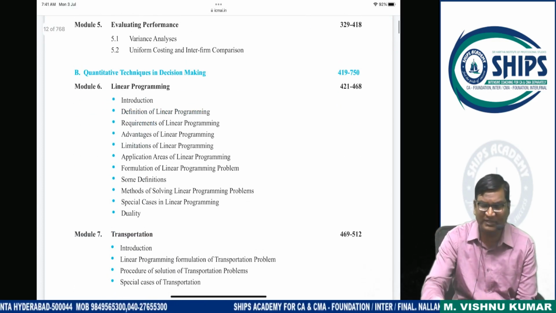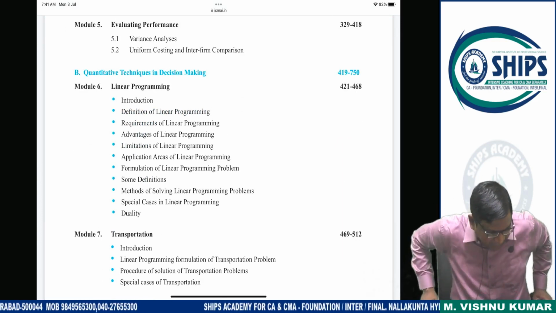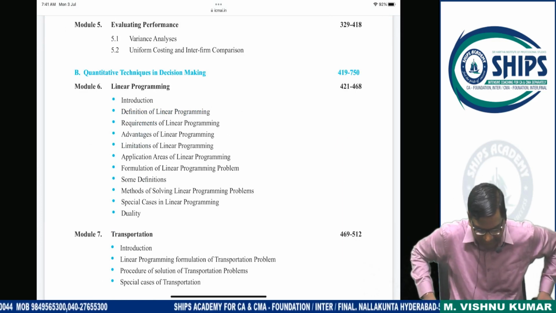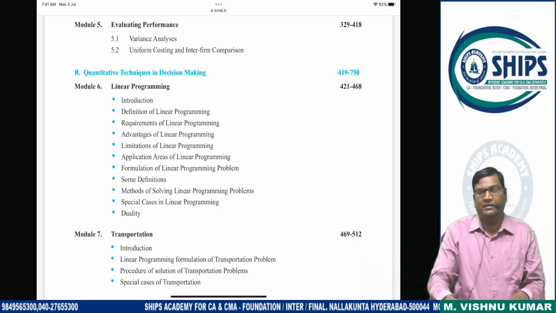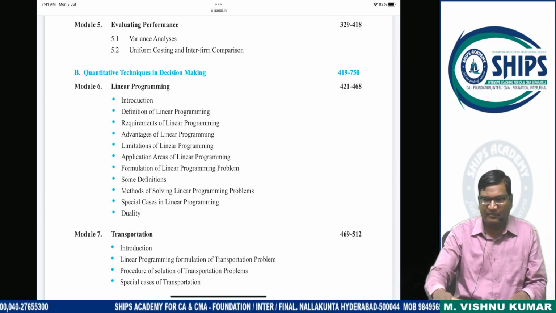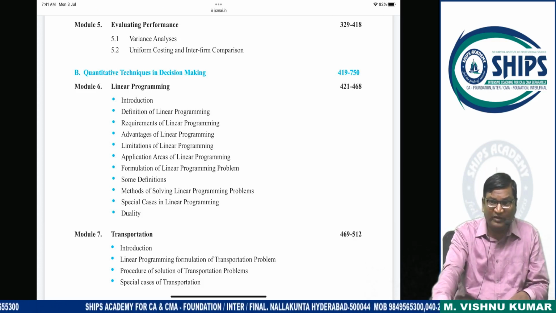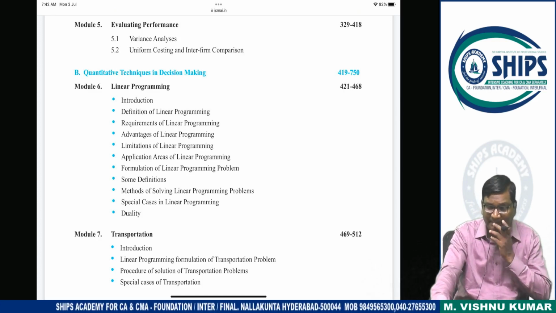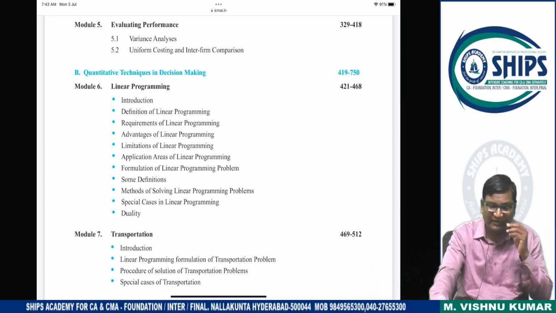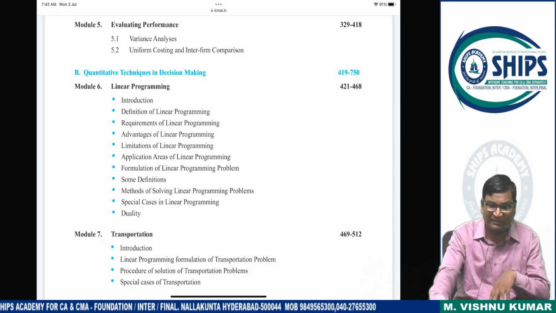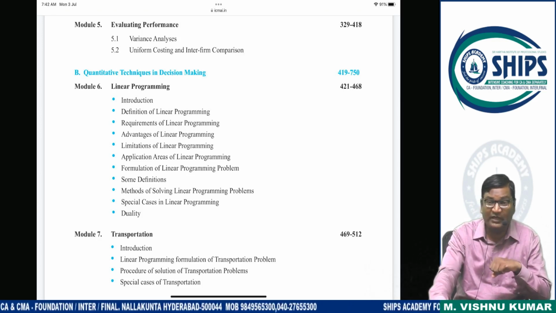Next is performance evaluation. Your main topic is standard costing. In standard costing, we have to cover material variance, labor variance, overhead variance, single plan, partial plan, and control ratios. Reconciliation statement also we have to learn now. After this, sales variances also.